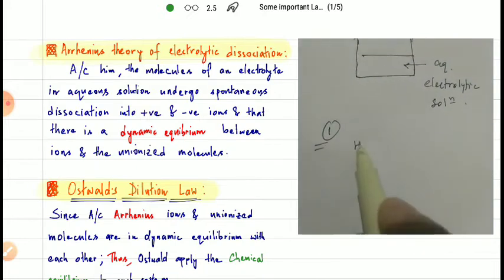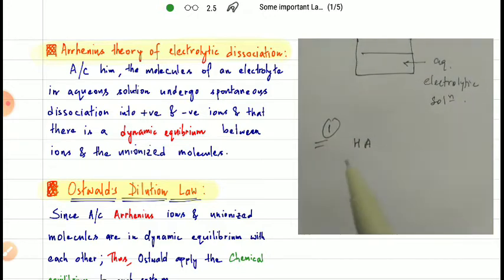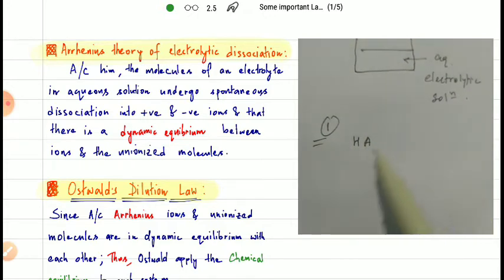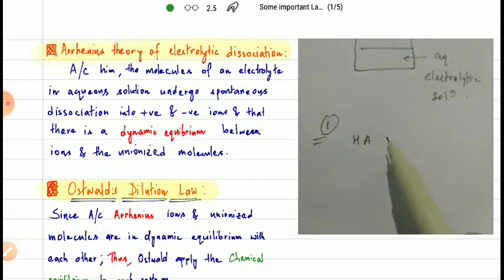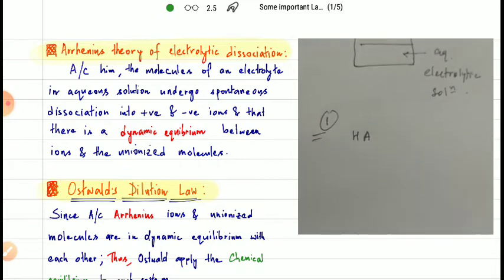That means, let's suppose this is an electrolyte. This electrolyte will dissociate into its positive and negative ions spontaneously.